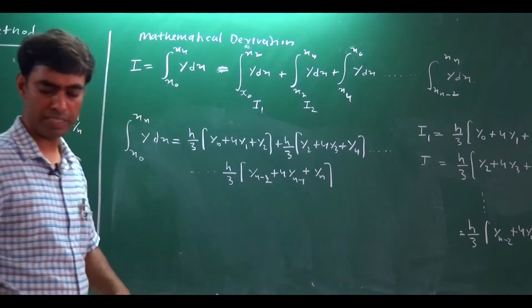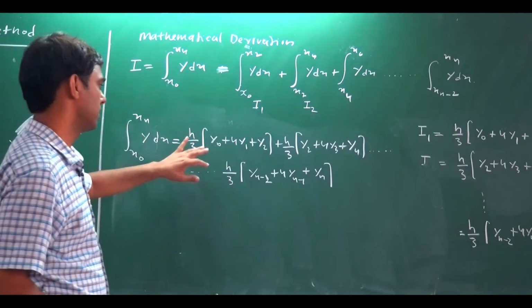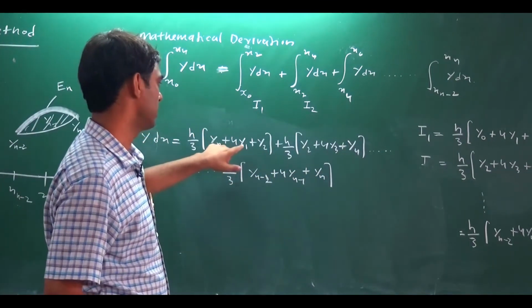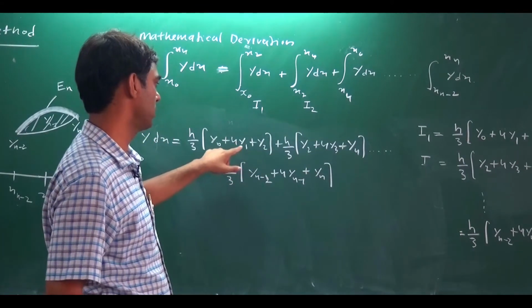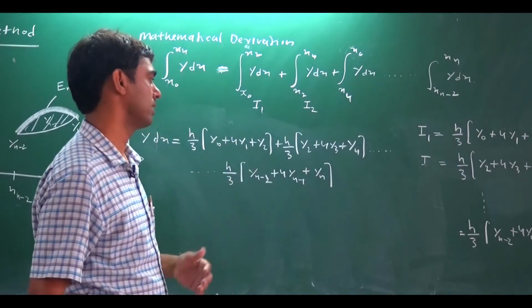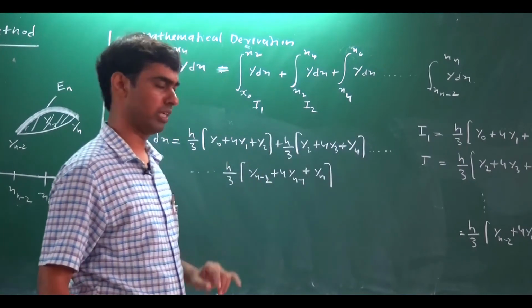After simplification, if we closely observe this expression, y0 and yn occur one time. The terms with a multiple of 4, y1, y3, y5 and so on, are the odd terms. y2 occurs 2 times, and similarly y4 also occurs 2 times.